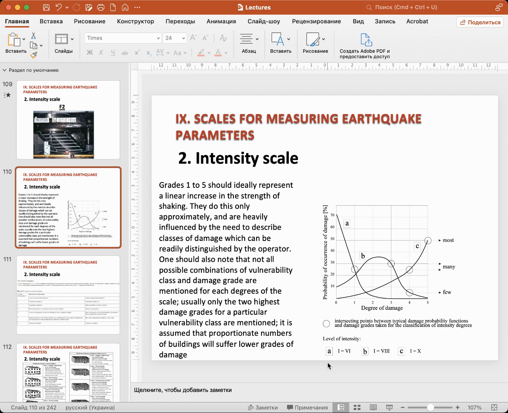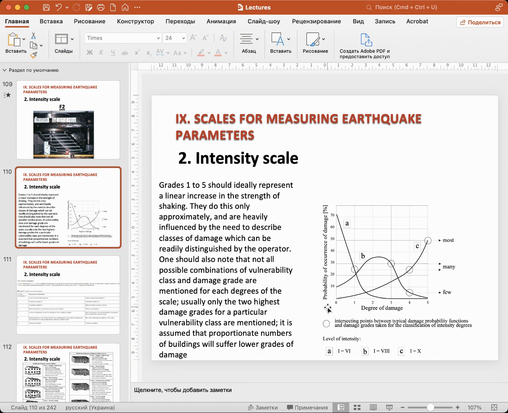For example, for an earthquake with intensity 6, here is this curve. Zero destruction we have in most cases of buildings, and in a few cases we have deformation at the fifth level.